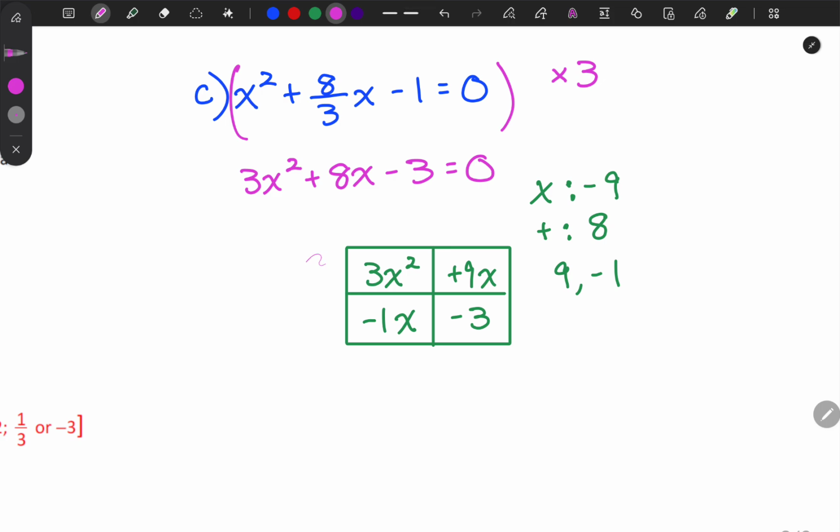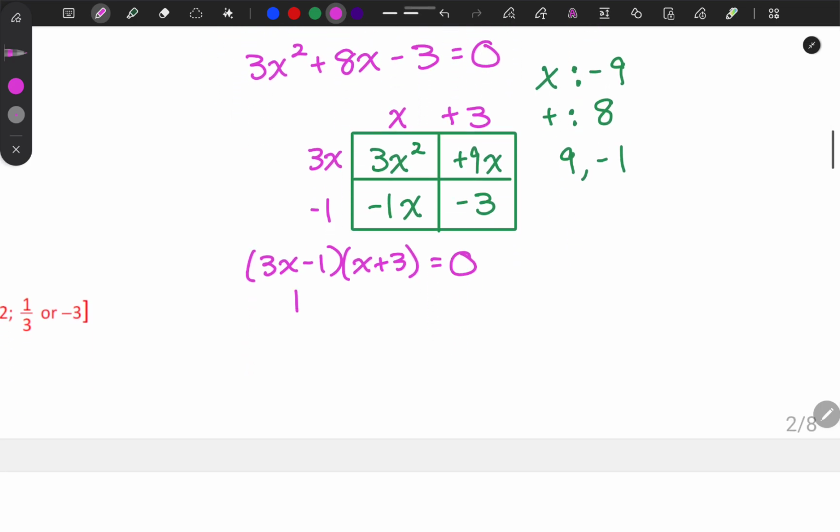Factoring the first row, greatest common factor of 3x, and if there's nothing else, it's just a factor of negative 1. Coming at the top, we have a greatest common factor of x, and then a greatest common factor of 3. This first term with the higher degree is positive, that's why I'm only factoring out a positive 3. In factored form, this gives us 3x minus 1 times x plus 3 equals 0.